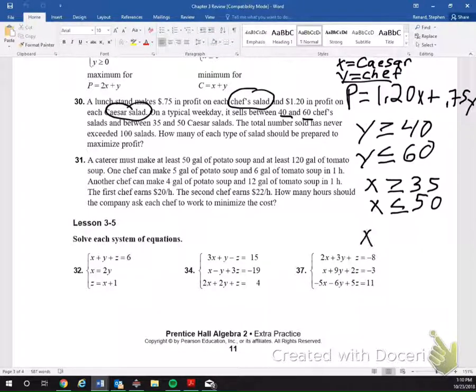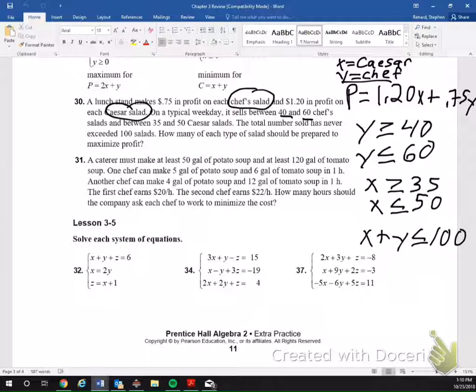Now I also know that we never sell more than 100. So I never sell more than 100, so I'm never going to make more than 100, right? Okay, so does that make sense? Okay.